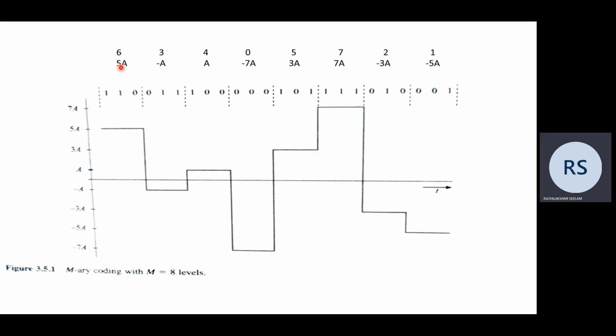For 6 it is 5A, for 3 it is minus A, for 4 it is A, for 0 we have minus 7A, for 5 it is 3A, for 7 it is 7A, for 2 it is minus 3A, for 1 it is minus 5A. Like this we have M-array encoding with M equals 8 levels.